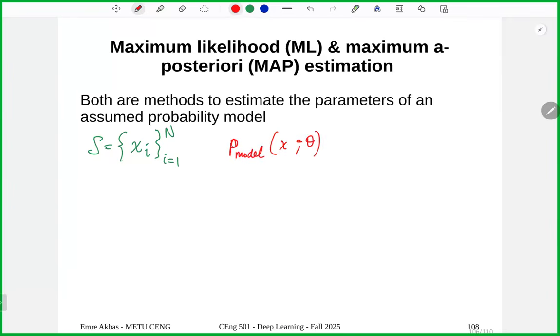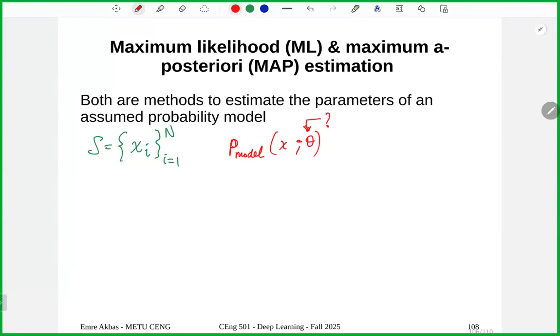And the problem here is how to estimate this parameter. Maximum likelihood and MAP have different philosophies to approach this problem.